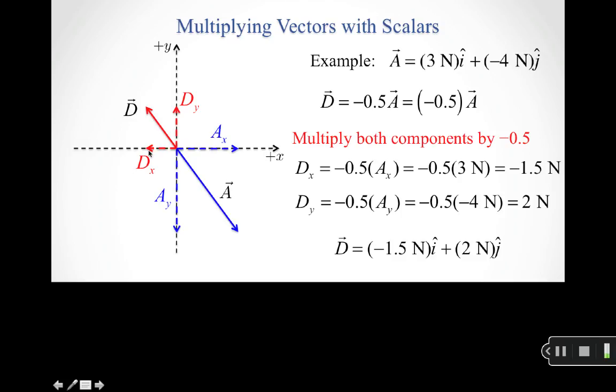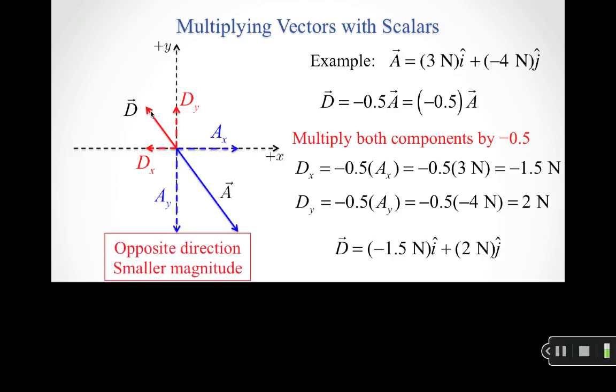So when I draw out vector D, I get vector D is negative 1.5 newtons i hat plus 2 newtons j hat. Again, the easy conclusion to draw here is that vector D points in the opposite direction from vector A, and now it has a smaller magnitude.